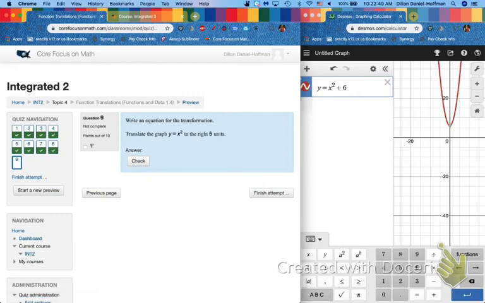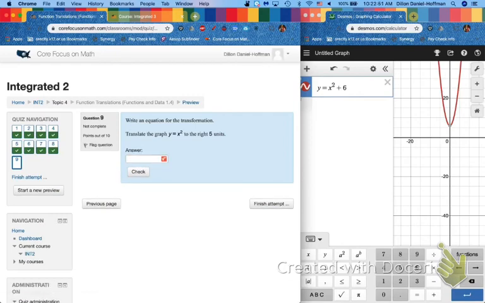This is the trickiest one. I'll tell you why. You can hit pause right now and try and fill it in on your own, and then I'll check it for you. Everyone always wants to do this. They're like, oh, it's inside parentheses because it's left and right. Yeah, like that. Why?